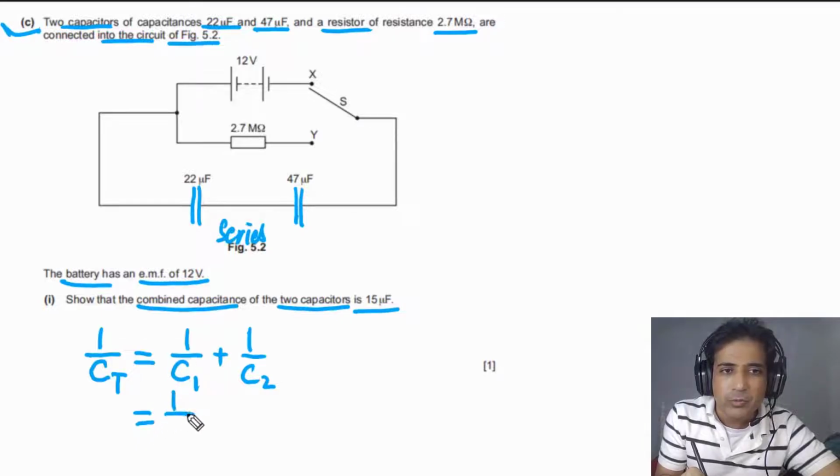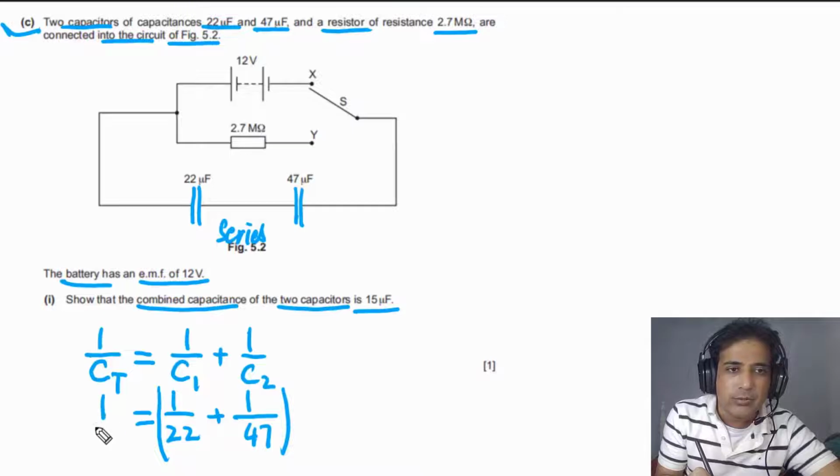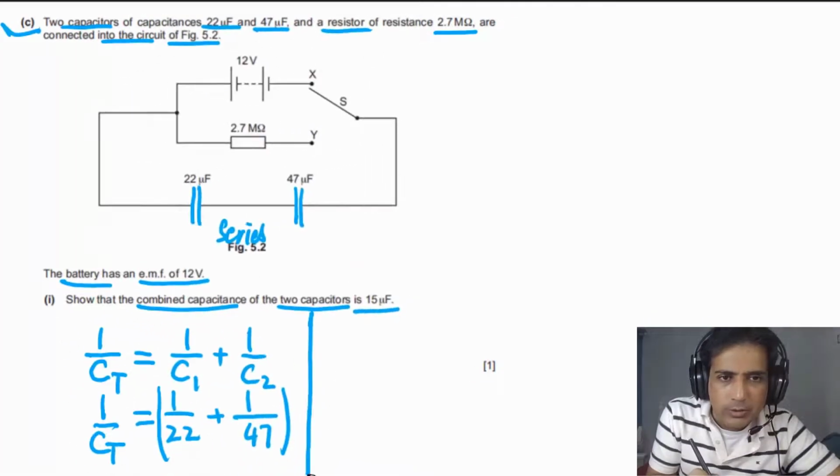So you can plug in values here. We have 1 over 22 microfarads, and we have 1 over 47 microfarads. We need to add these two together. So here we can write down this one is the total capacitance. Now we just need to calculate the value of C_T. So we can rewrite this one. We can write down 1 over C_T.